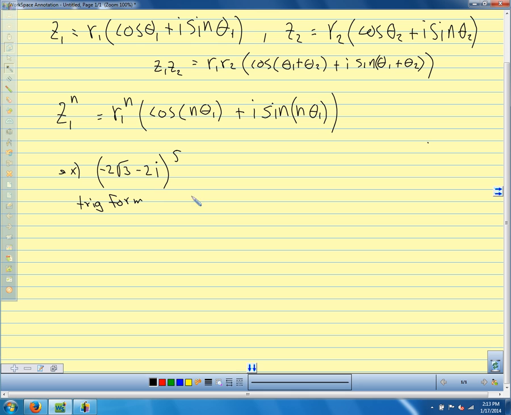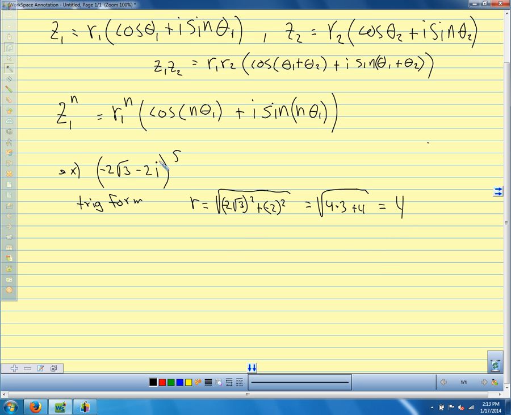We're going to find our r. r is going to be the square root of negative 2 square root of 3 squared plus negative 2 squared. When we square negative 2 square root of 3, we get 4 times 3, plus 4. So we get the square root of 16, which is 4.